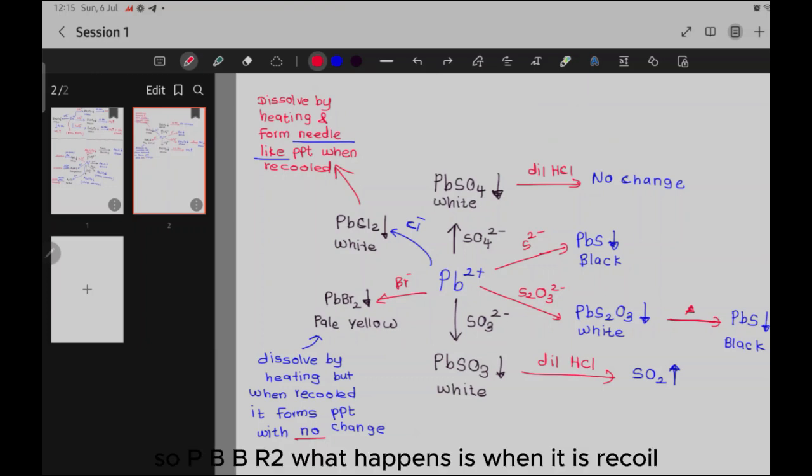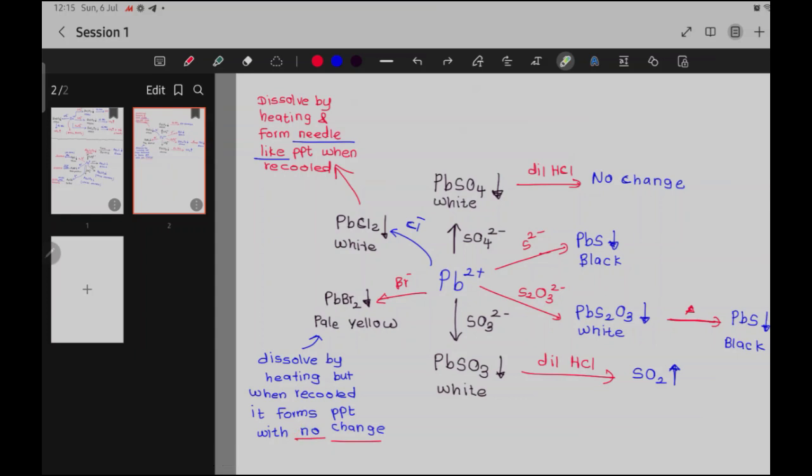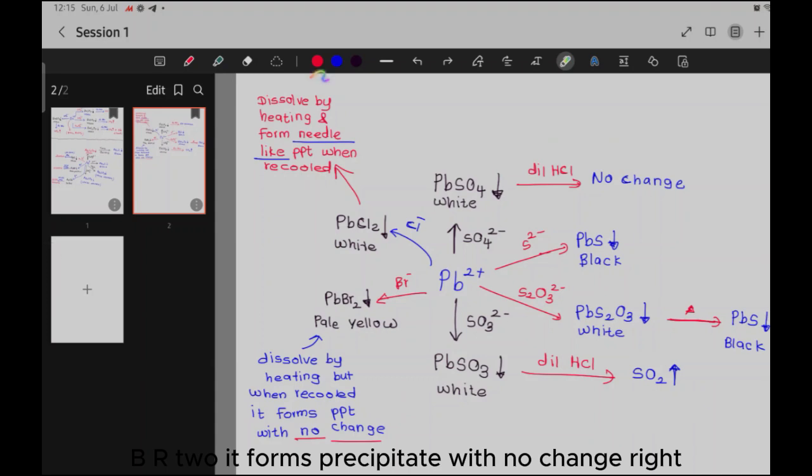So PbBr2, when it is recooled, forms precipitate with no change.